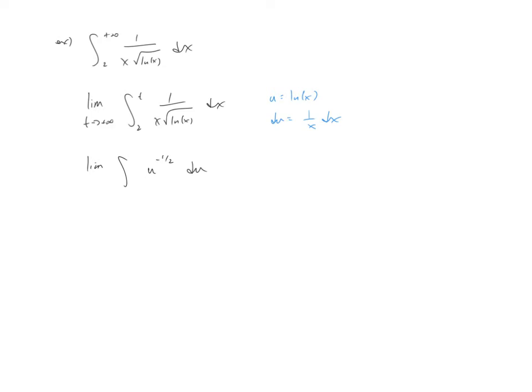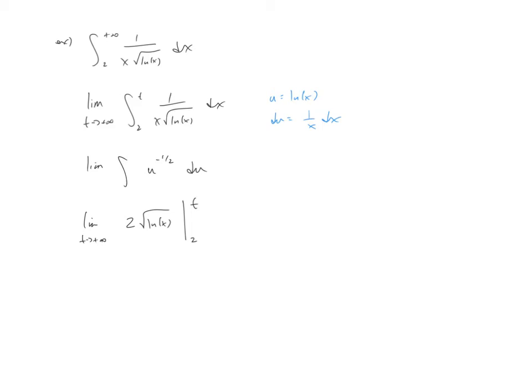Okay, we'll go ahead and integrate, and that's going to give us 2 square root natural log of x, evaluated from 2 to t, and of course we still have our limit as t goes to positive infinity out front. To integrate, we just add 1 and divide, and then substitute the u value back in.